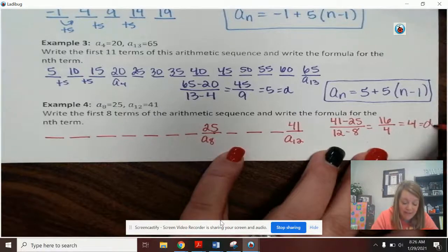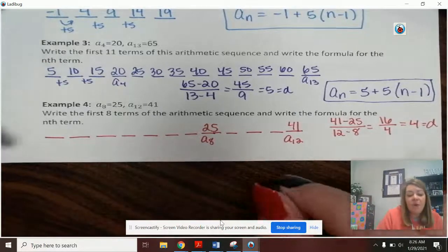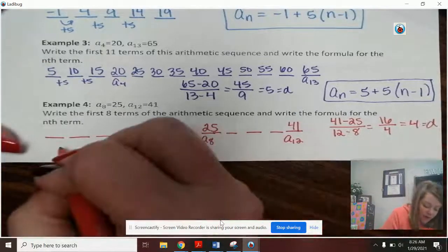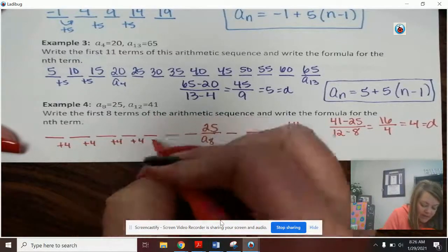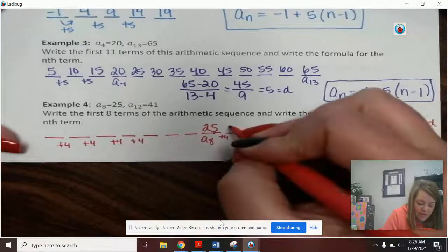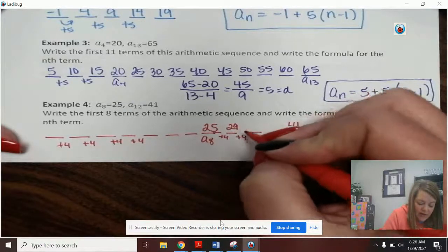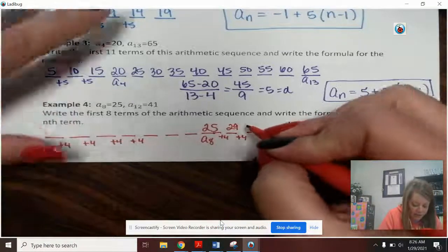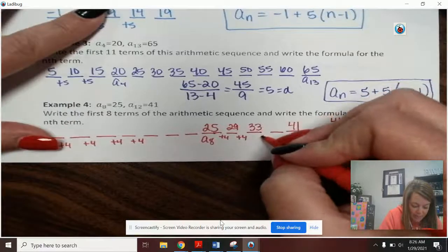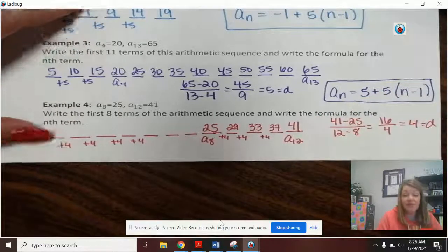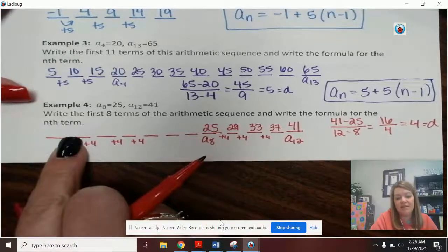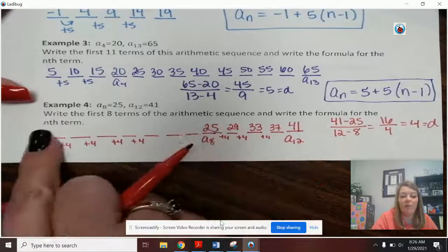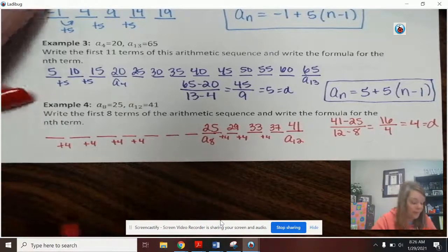That gives me my d, okay? So that means that these were all plus 4 to get all these places across here, and this is plus 4, so I know 29, and that one will be 33, plus 4, 37, plus 4, 41. Good, okay. But to get my first term, I have to work backwards, right? So if I added 4 every time, then I've got to work backwards. So I'm going to have to subtract 4.